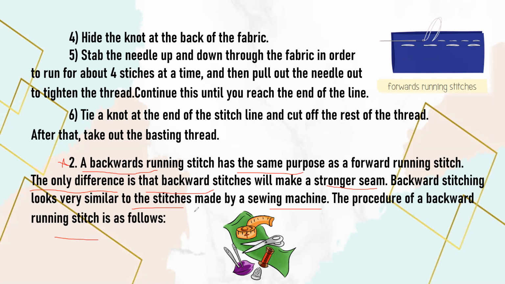And second thing, backward stitching looks very similar to stitching by a machine. We do the stitching by machine as well, so it will look much closer to machine stitching.